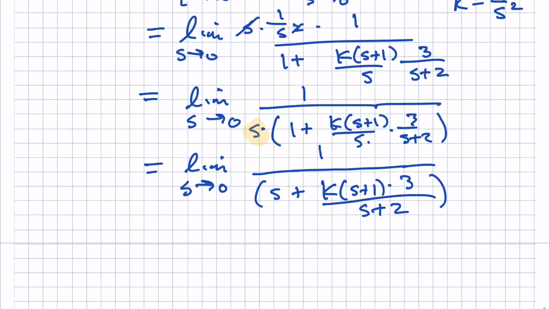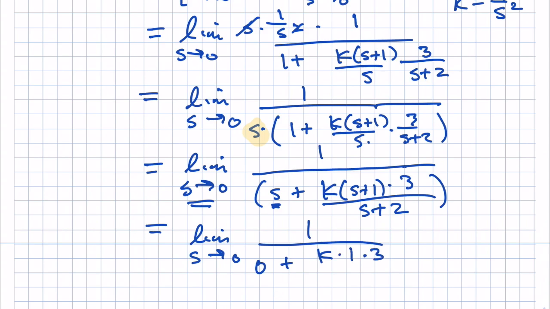So at this point, we can plug in S equals 0, and everything's going to work out because we can easily find that limit. All right, so in this situation, we have 1 over, and then this particular S is 0, and then we'd have a K times 0 plus 1 times a 3 over 0 plus 2.